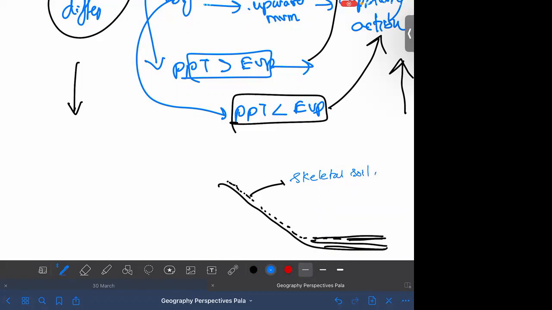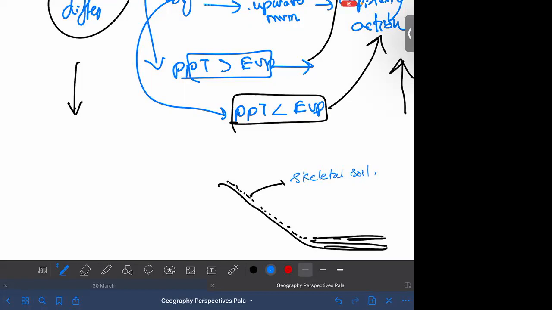Another point is that the direction of slope is equally important. The direction in which the slope is slanting would determine whether the slope faces the sun or if it's the windward side, etc.